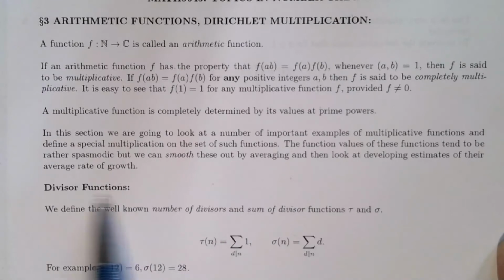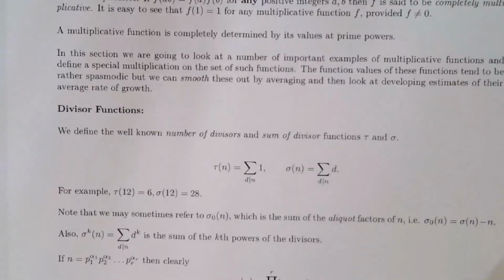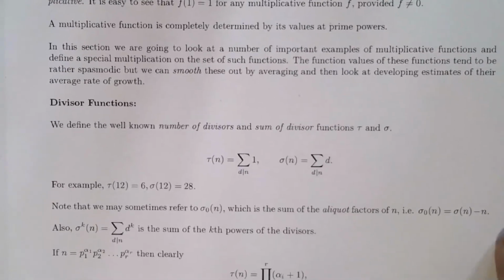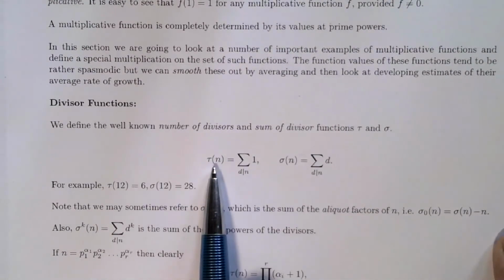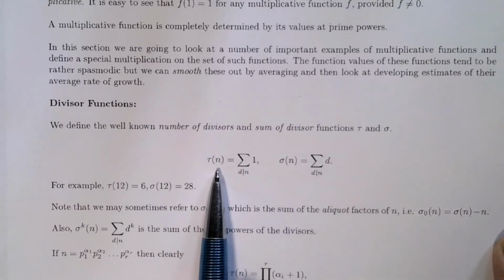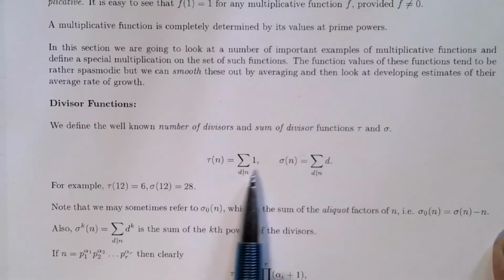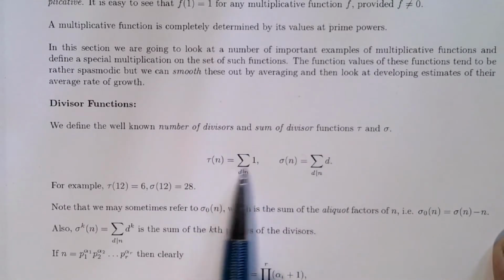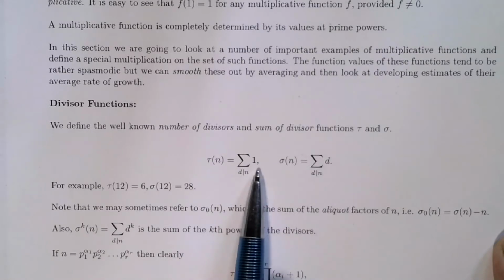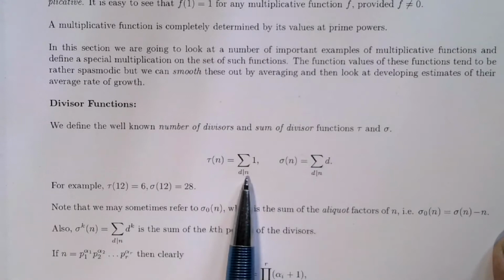So we're going to have a look firstly at two very, very well known functions, the so-called divisor functions, sigma and tau. Tau is the number of divisors, and you can count that by simply taking the sum over the divisors of n, and whenever you see a divisor of n you count 1, and so that will count the number of divisors.